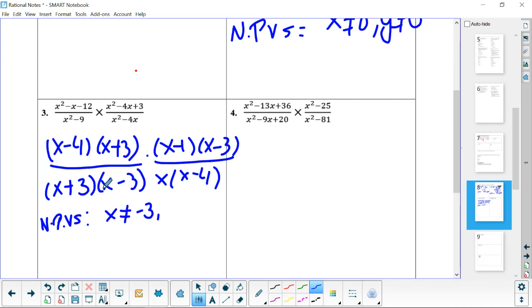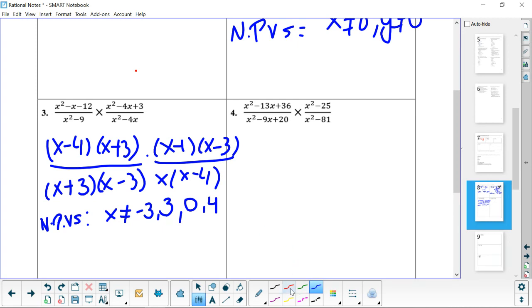Again, 0 multiplied by anything is 0. So another non-permissible value is 3. Now here, if I plug x as 0, my denominator will be 0. And for this part here, when I sub x as 4, my denominator will be 0. So these are the 4 non-permissible values for this expression.